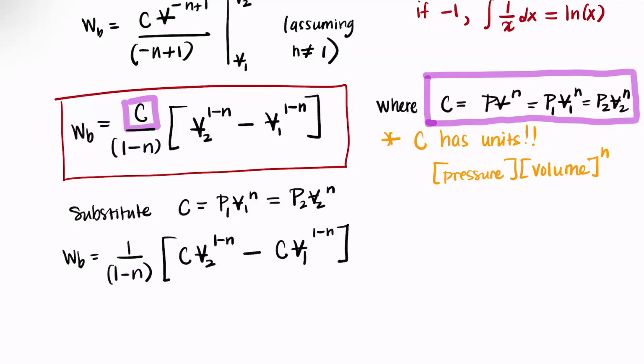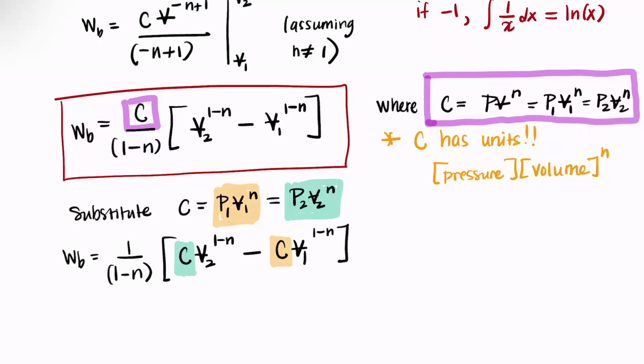All right, and so I would like to include this version of C because it relates to state 2 here. And then I am going to use this version of C on this term because the last term is in terms of state 1. Does that make sense? They're still the same value of C. They're equivalent.